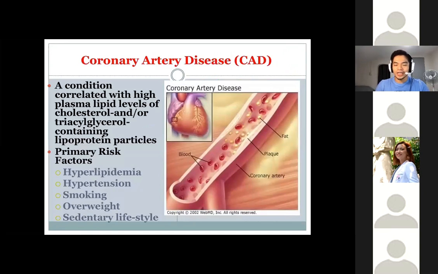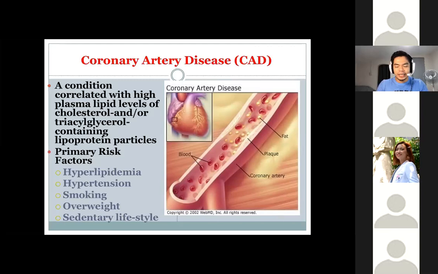Ang coronary artery disease, na-discuss to sa angina, paulit-ulit na natin sinasabi, pero ito ay caused by obstruction in the coronary arteries that deliver oxygenated blood to cardiac myocytes. So because of the obstruction, there is lesser oxygen that reaches the cardiac myocytes.